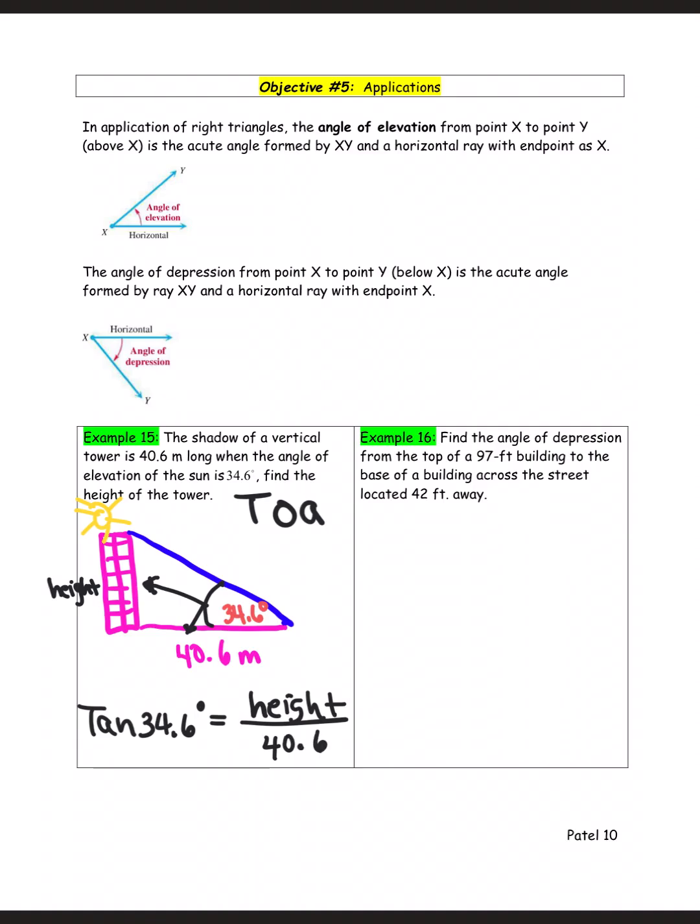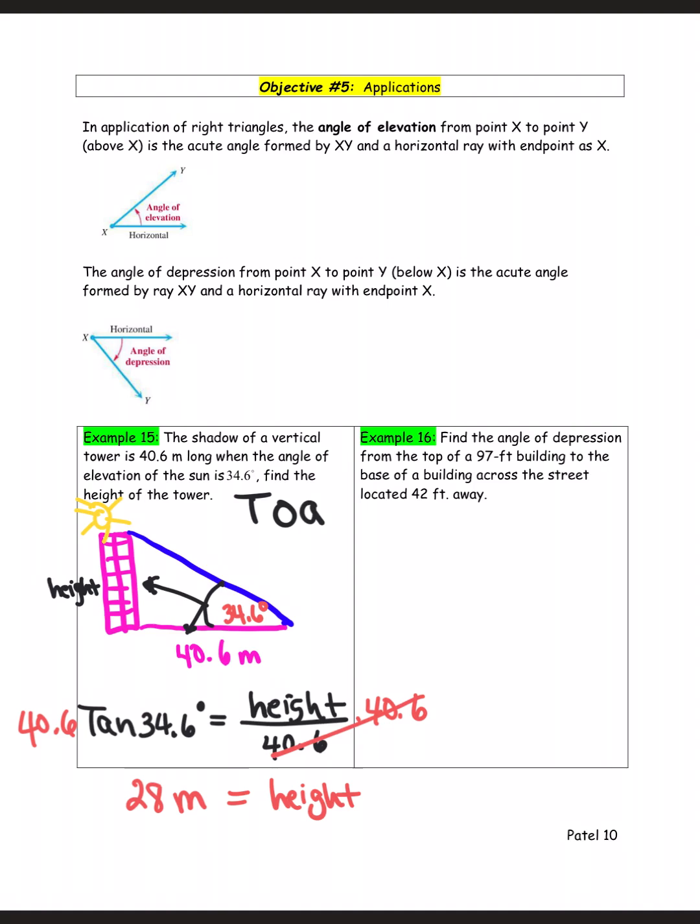To solve this, we're going to multiply both sides by 40.6. So the height is equal to 40.6 times tangent of 34.6, making sure we're in degree mode. Hit enter and we get 28 meters.